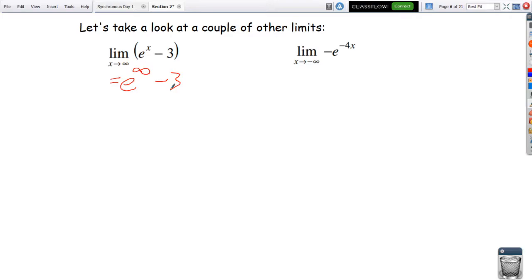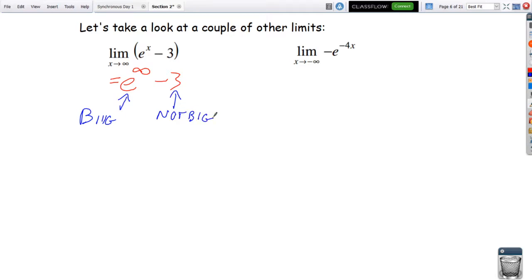Again, you should not write this out in any sort of formal paper, but this allows us to evaluate limits at infinity a lot easier. e to a power is big. e to the infinite power is really big. This is not big.